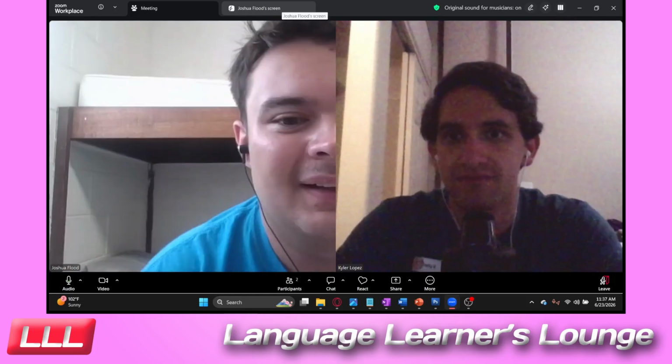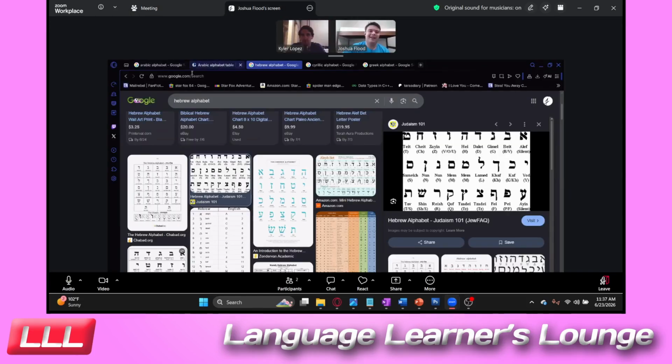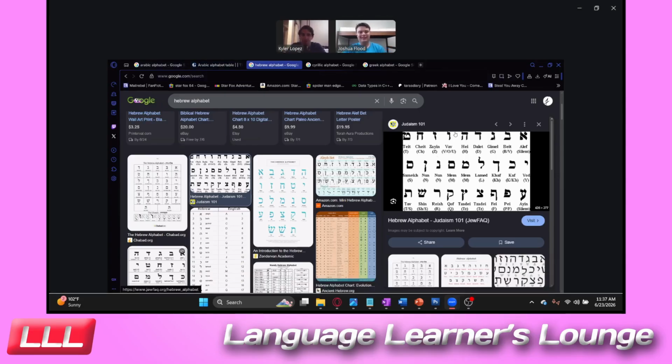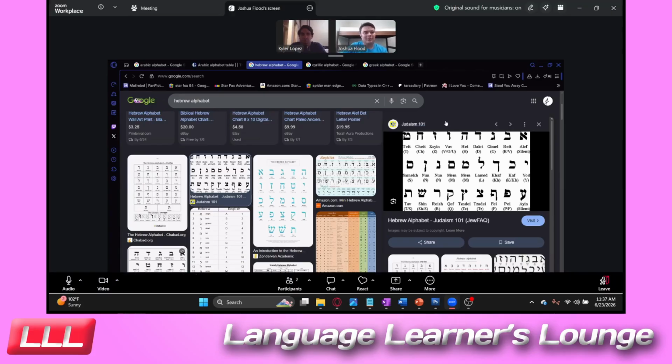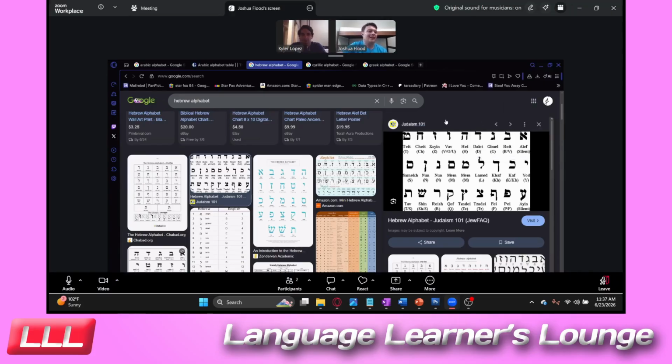Another aspect that both of these have is that you typically read right to left. Like we mentioned with Japanese, sometimes you read top to bottom, right to left. In Arabic and Hebrew, the main rule is that you read right to left.